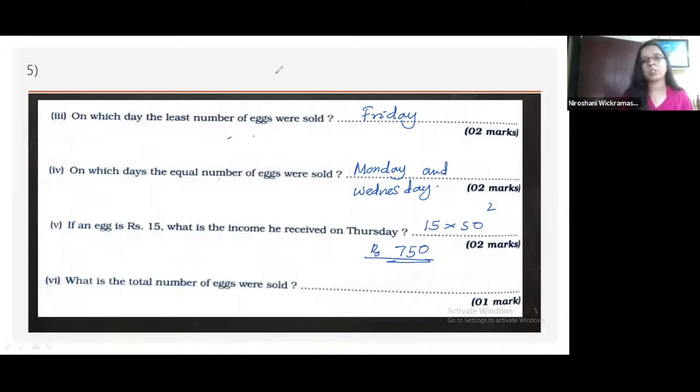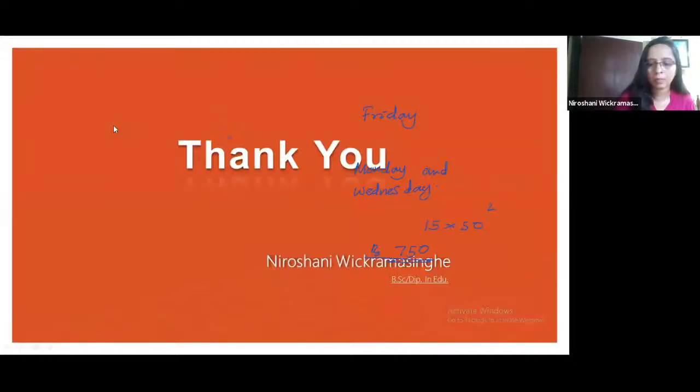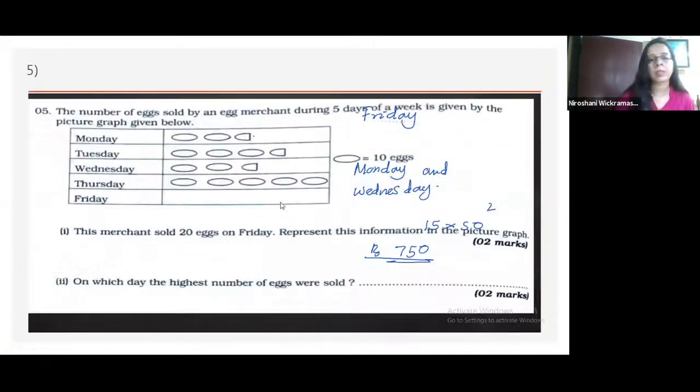What is the total number of eggs sold? We have to find the total number of eggs. Right. Now we came to know here 20, then here 25, here 35, here 25, here 50, here 20.